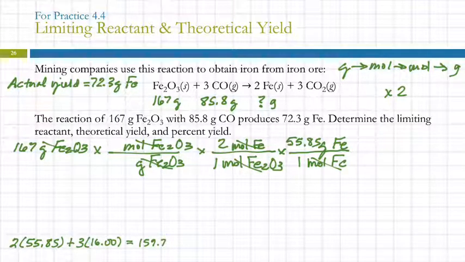That's the mass in grams of 1 mole of that compound. So 1 mole of iron oxide, 159.7 grams.